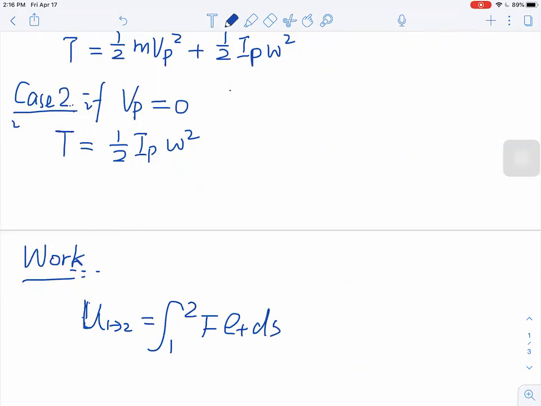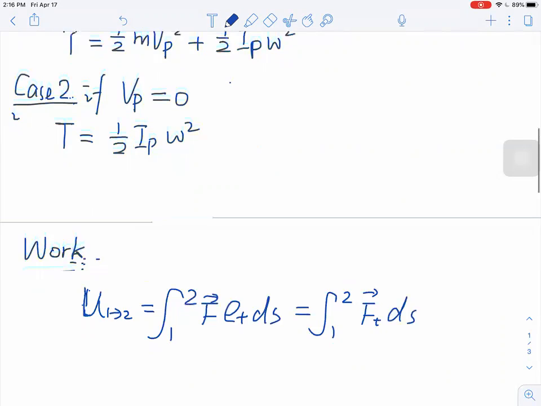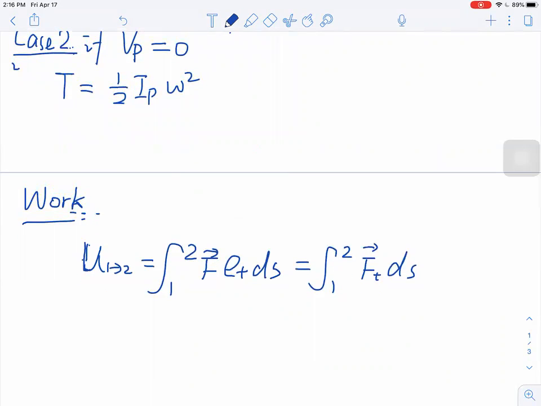And if the force in this case has the unit vector, we have the integral from 1 to 2 of F_t ds. Right, that's what we did in chapter 4.